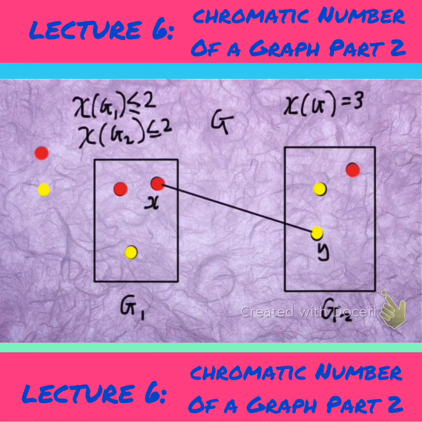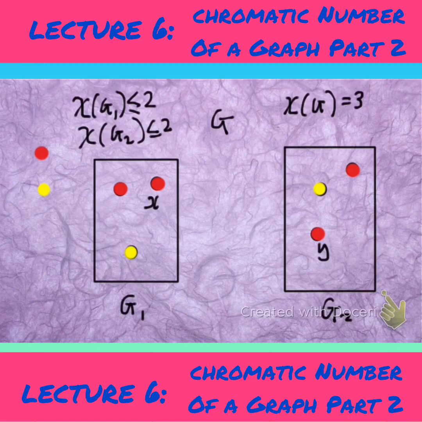That is going to be a problem, because otherwise this would imply that the chromatic number of G is in fact not 3 but 2, which is a contradiction. So what must happen is Y must receive the red color.